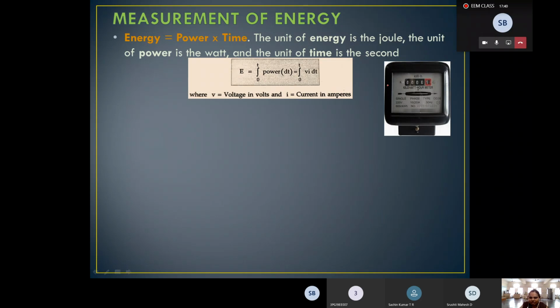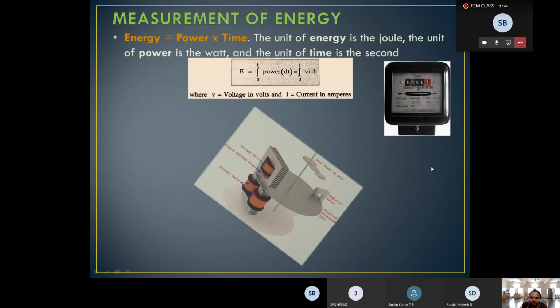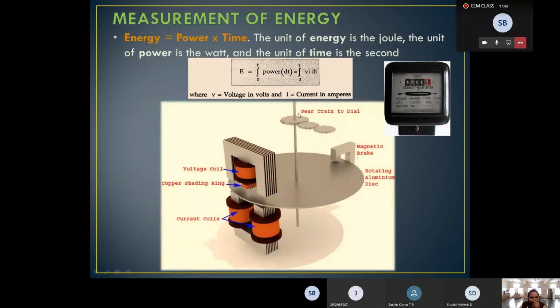This is the outer construction. What is the inner construction? This is the inner construction of the energy meter, consisting of a voltage coil, similar to a wattmeter connection, but here we have to measure with respect to time.